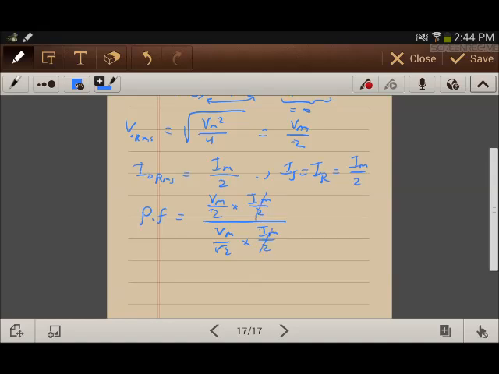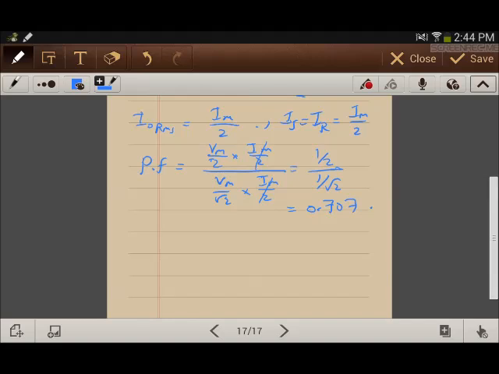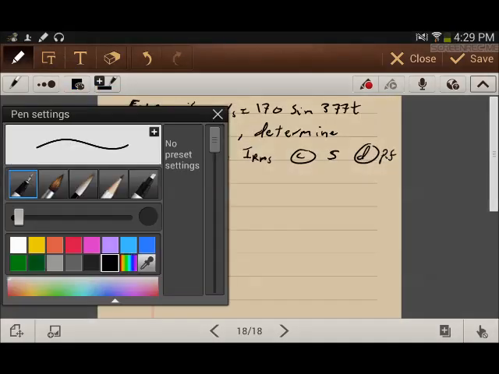So this one goes with this one. So I will get 1/2 divided by 1 over root 2. And this will give me 0.707. So this is the power factor of a half-wave rectifier with resistive load.